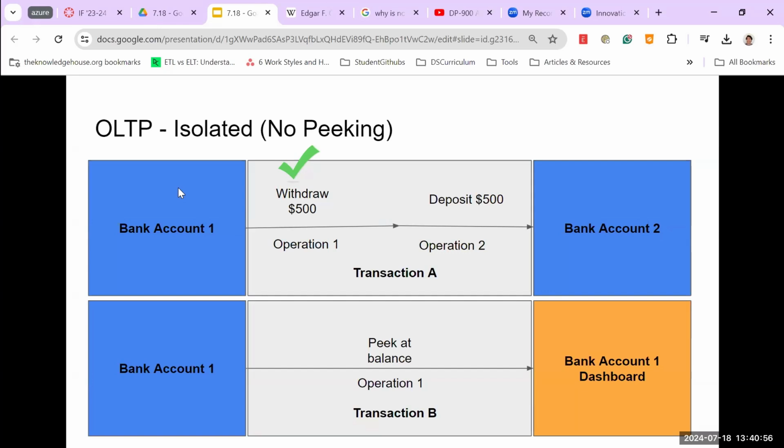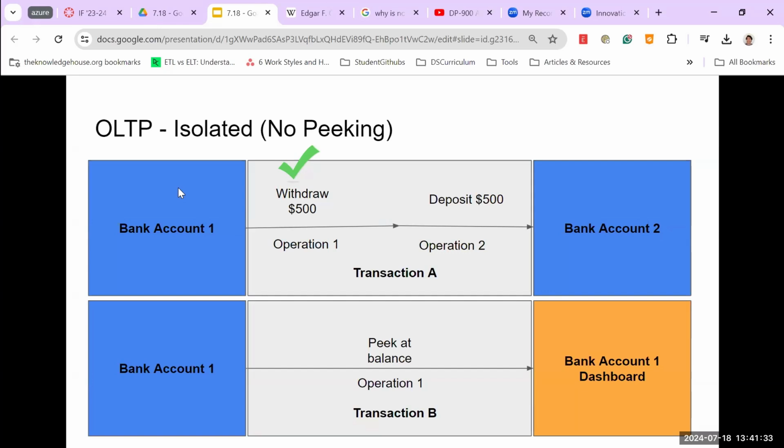Let's say, once again, we are sending money from bank account one to bank account two, but there's also another transaction that reports how much money someone has in their bank account via a bank account dashboard. I'm sure at this point, every banking app has a bank account dashboard. That's when you log into the app and you see how much money you have in your account, right? So in order for this to happen, the dashboard needs to peek at the balance. It needs to request the balance from bank account one.